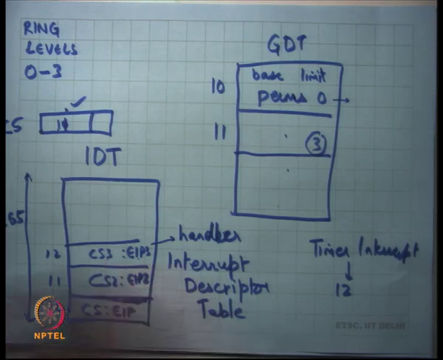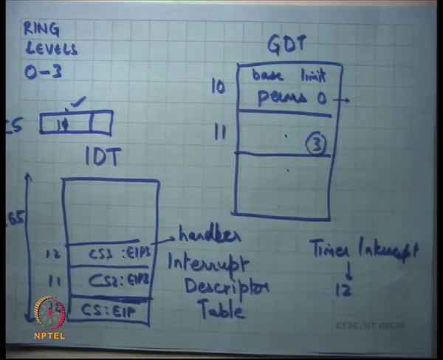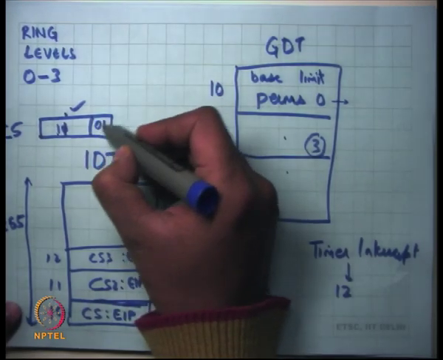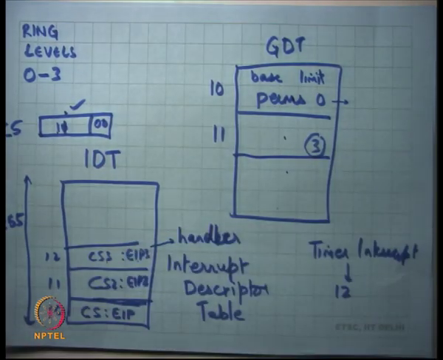The descriptor it points to will be a descriptor of the OS, and this descriptor is allowed to have the last 2 bits as 0, which means ring level 0. So that's one way that an OS can wrest control of the CPU from the running application.